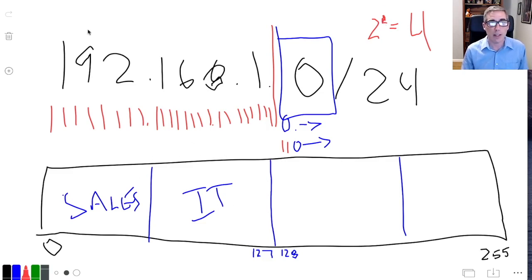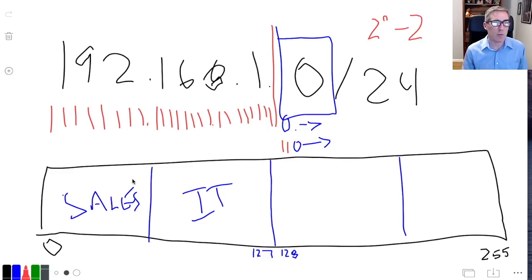Now the calculation, let's clear that out of the way. The calculation for the number of hosts in each network is just a little bit different. It's 2 to the n, which is how many bits. In this case, n is the bits that are in blue, the number of zeros we have, minus 2.